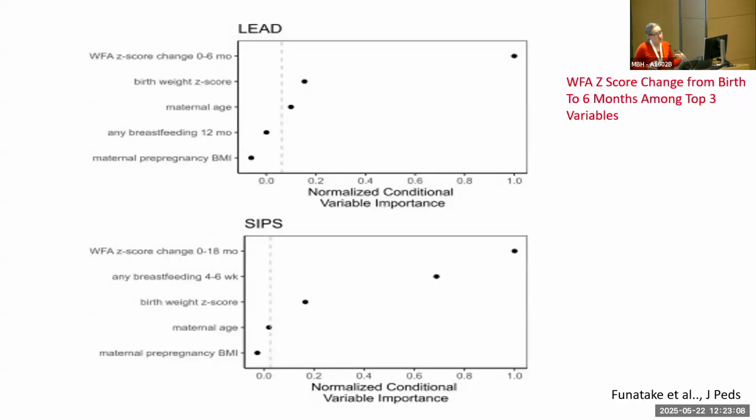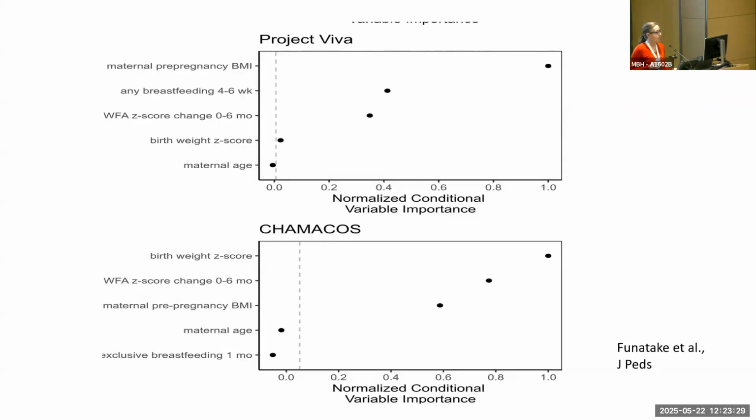And then we also did the same random forest classifiers, finding actually that for all of these variables, there was some shakeup of what was significant, but this weight Z-score change from birth to 6 months of age was among the top 3 variables for all the cohorts. And there's Project Viva and Chamacos.